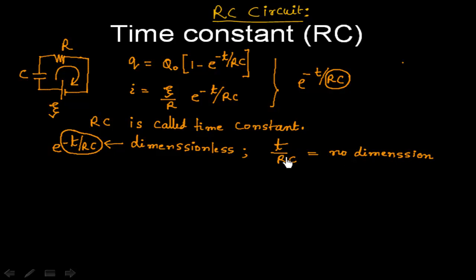And this is possible only if RC has a dimension of time, because in that case the dimensions will cancel. So we can say RC has a dimension of time, and in SI units RC, that is the time constant, is measured in seconds.